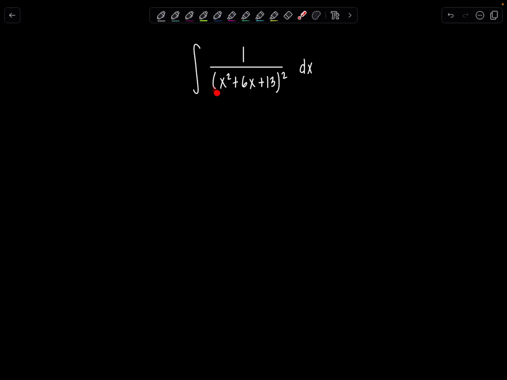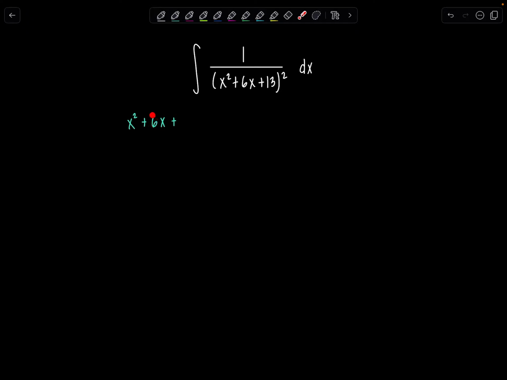And trig sub, you're going to bust out anytime the denominator has some irreducible quadratic that doesn't apply for partial fraction decomp, okay? So what we're gonna do now is complete the square so that we can set up our trig sub. So x squared plus 6x plus, I would need a 9, right? For that to be a perfect square trinomial.